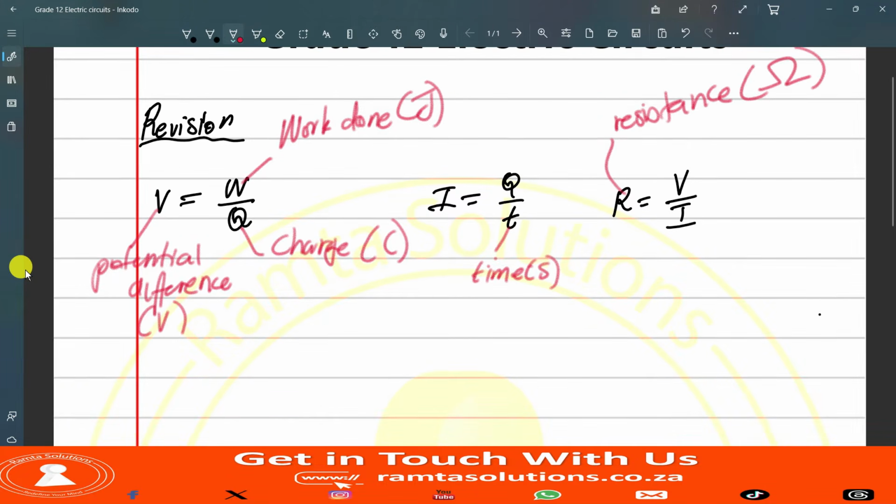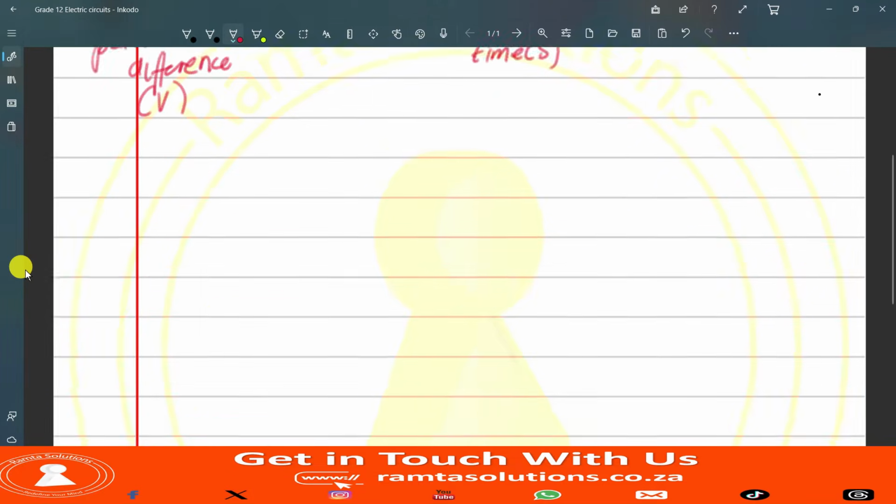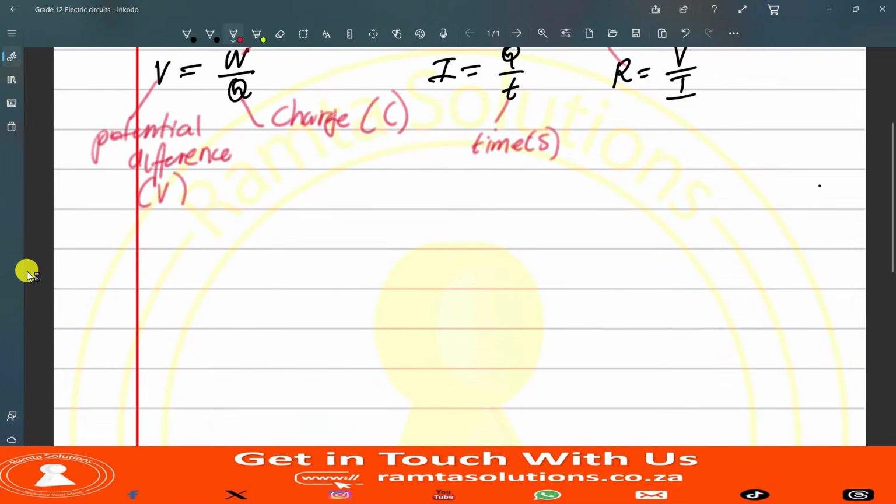All right. Now, this is not all. Of course, we also talked about Ohm's law, but before that, you also need to remember Ohm's law, which I have to write down. Okay, I will write Ohm's law because this is a revision.